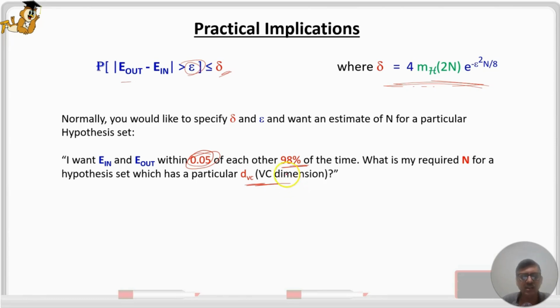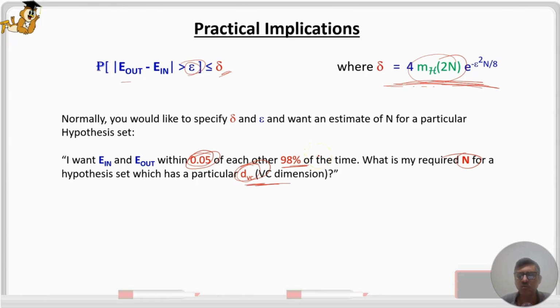And that thing is the relationship of the VC dimension to the required n. Based on this relationship, where delta is equal to 4 times mh of 2n, etc., you know that this is upper bounded by a polynomial whose highest order is dVC, a polynomial essentially of order equal to the VC dimension.